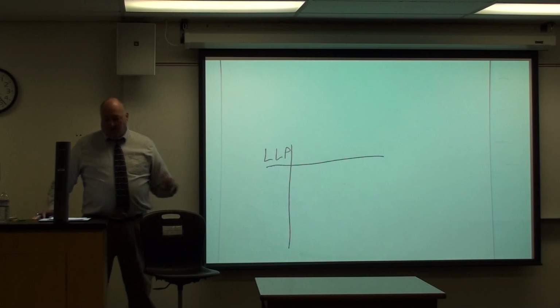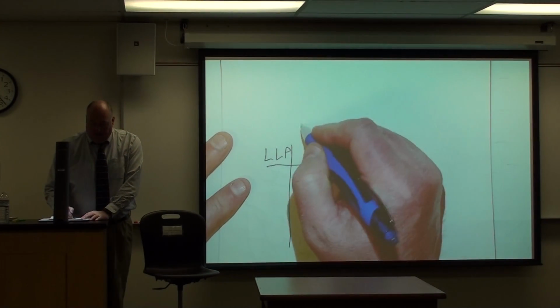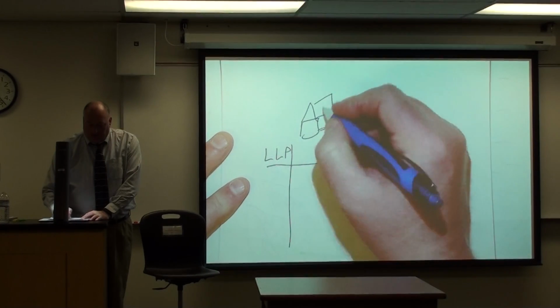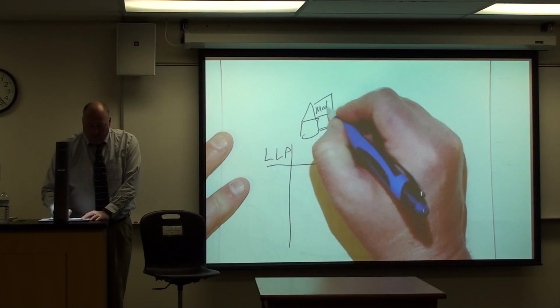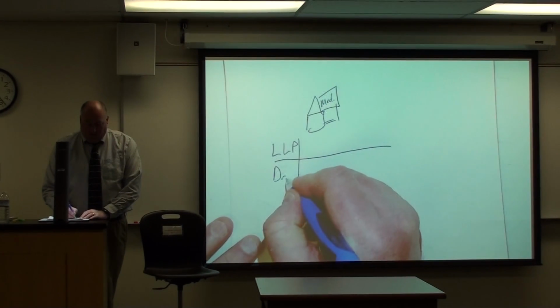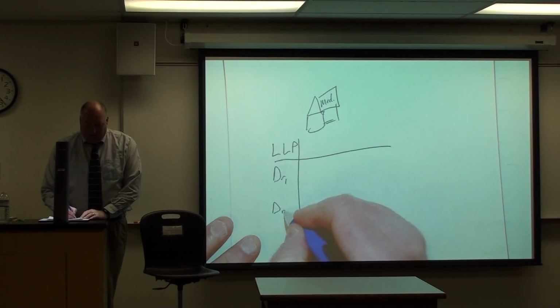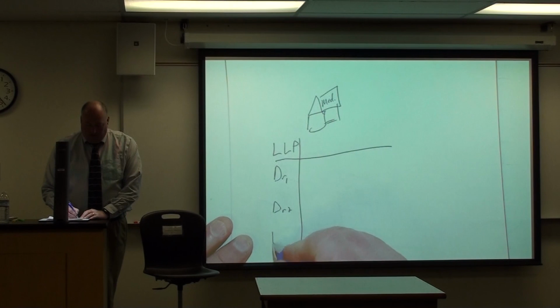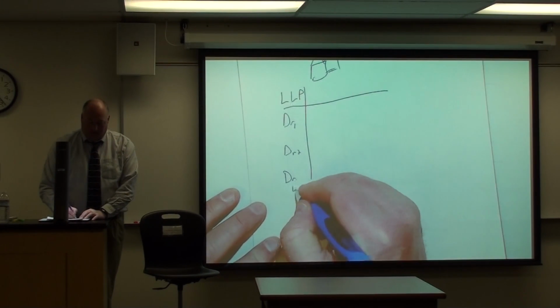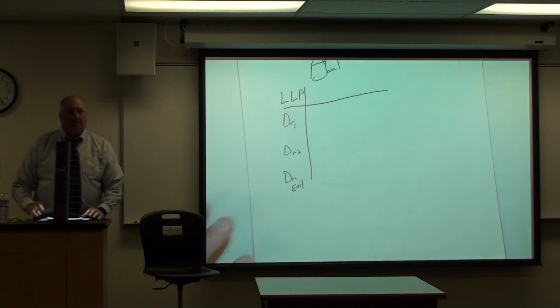So I'm going to use an example of a medical clinic. So now instead of an apartment building, this will be a medical clinic. So let's say we have 3 doctors, doctor number 1, doctor number 2, and of course we have Dr. Evil. Got to have Dr. Evil in there somewhere.